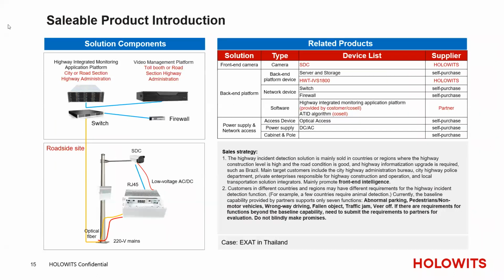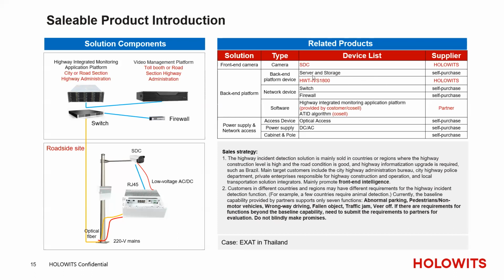This is several product introductions. So for the whole scenarios, this is from the front end cameras, back end platform, and the power supply network access. You can see the cameras, SDC, and the HOLOWITS backend platform device, which is IVS.